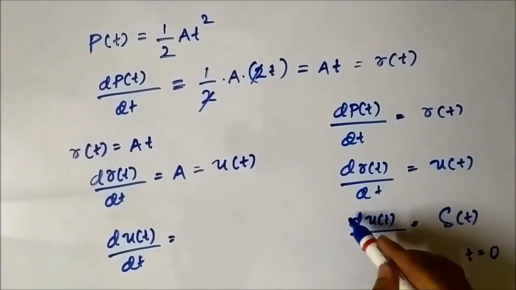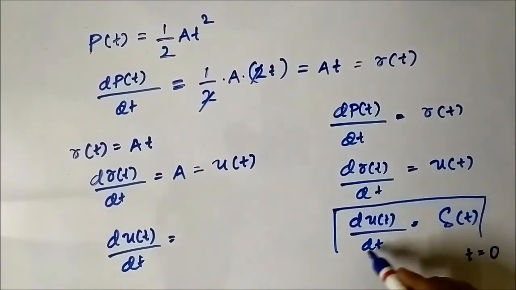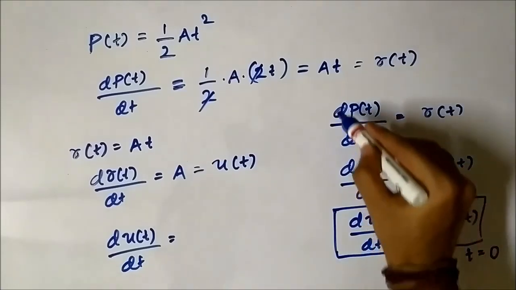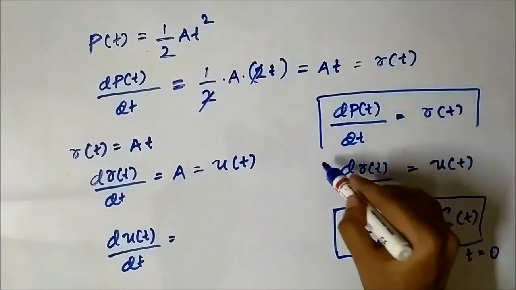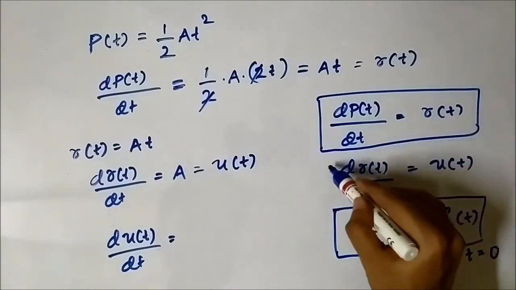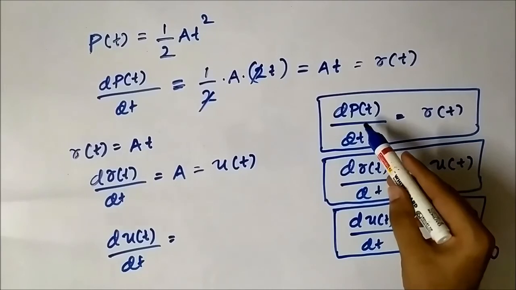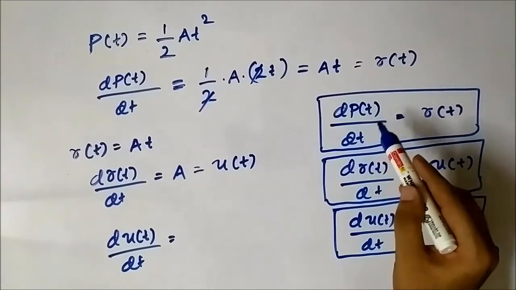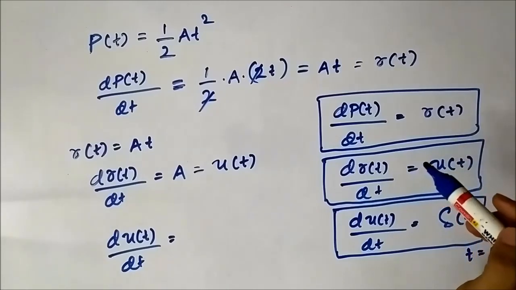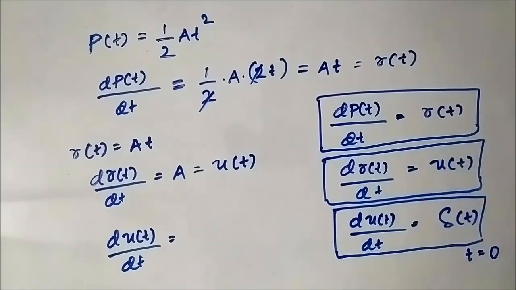So always remember these 3 important relationships. The derivative of the parabolic function gives us the ramp function, the derivative of the ramp function gives us the step function, and the derivative of the step function gives us the impulse function. Always remember these 3 important interrelationships between the signal functions.